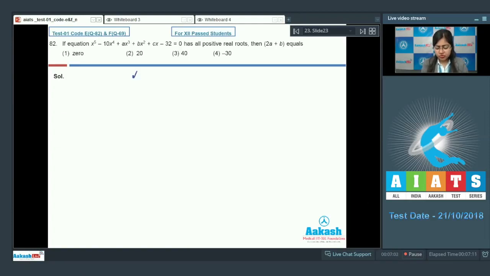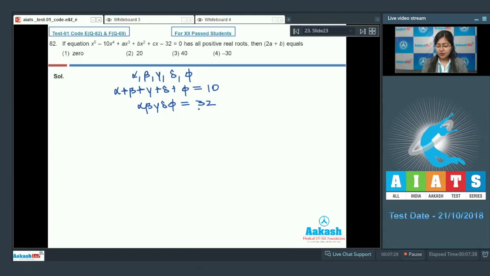Let us assume the roots to be alpha, beta, gamma, delta and phi. So here we are given that the sum of the roots is given to be equal to minus b by a, that is 10, and the product of roots is given to be equal to 32, right?